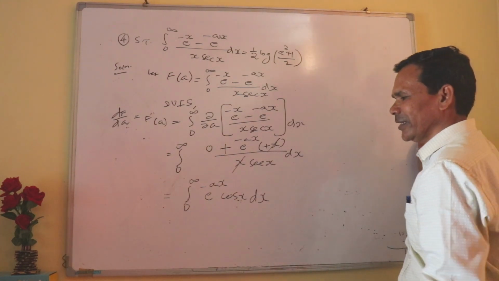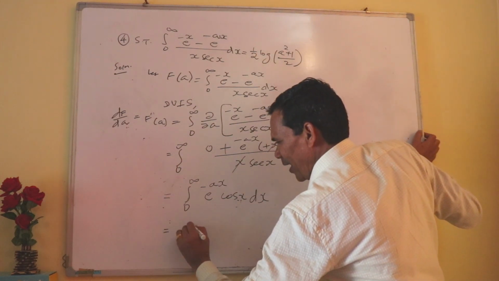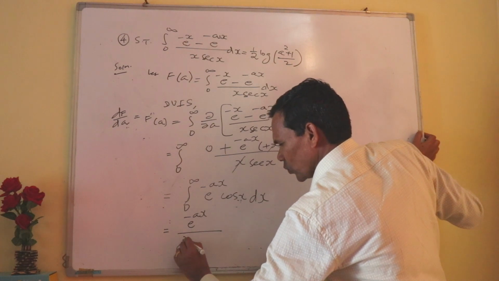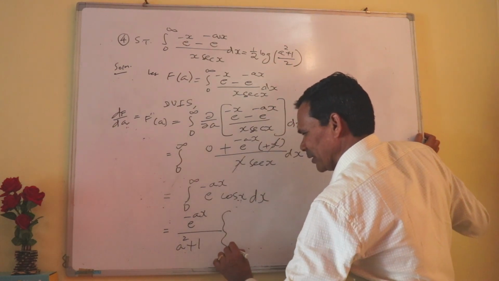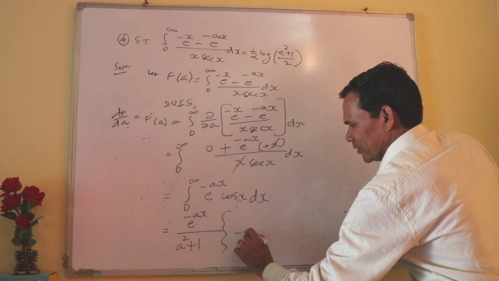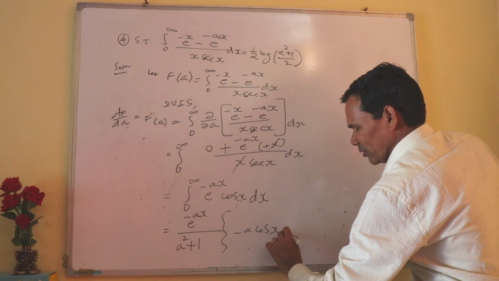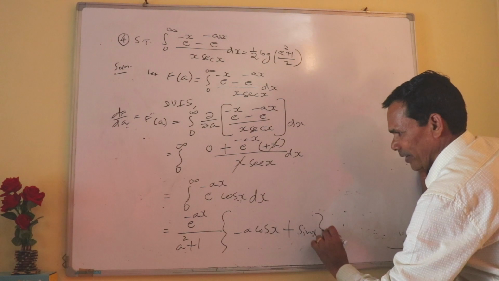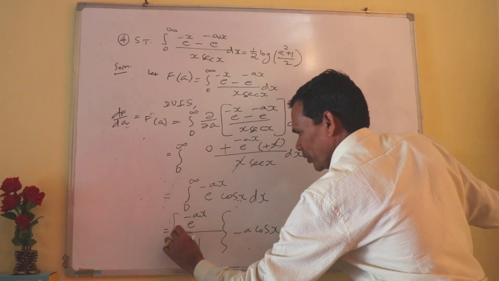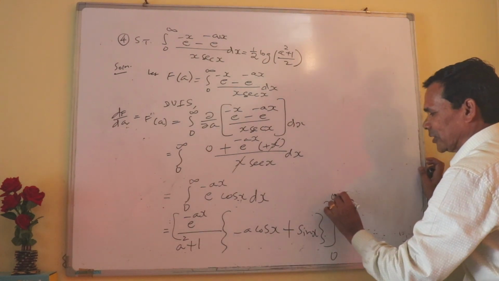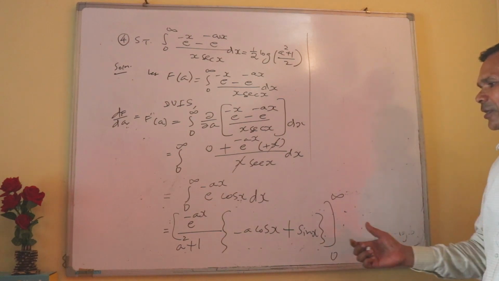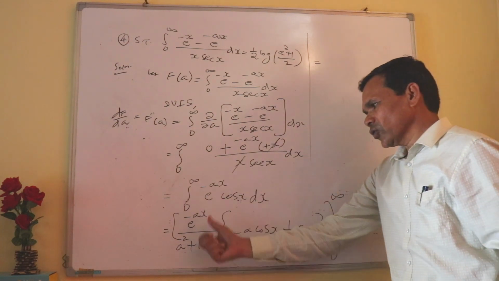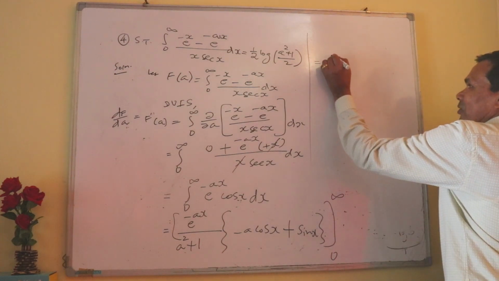So I integrate this by the requisite formula, e raised to minus x divided by a square plus 1 inside the bracket, minus a cos x plus sin x, and limits applied, 0 to infinity. If you apply the upper limit, this is equal to e raised to minus infinity, which is 0.